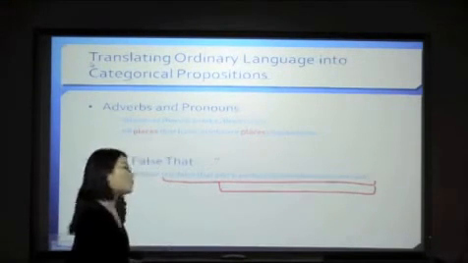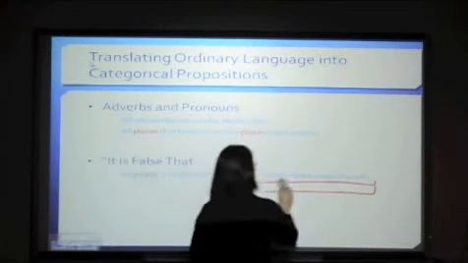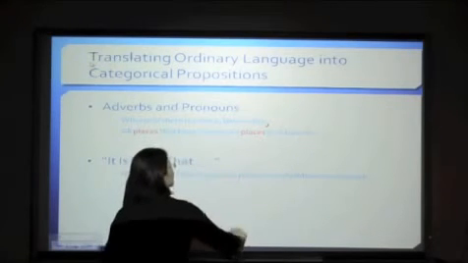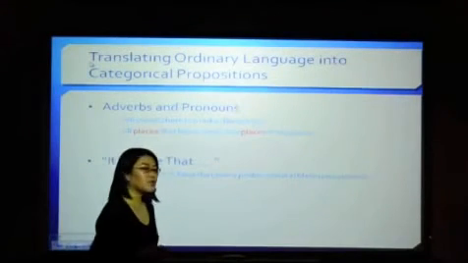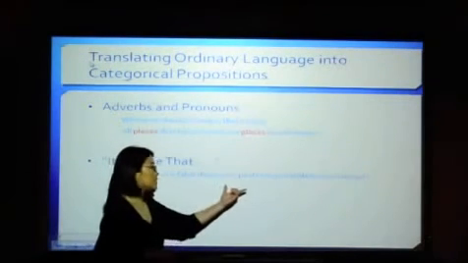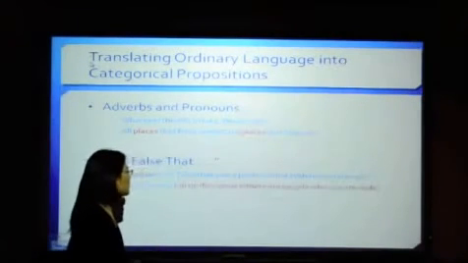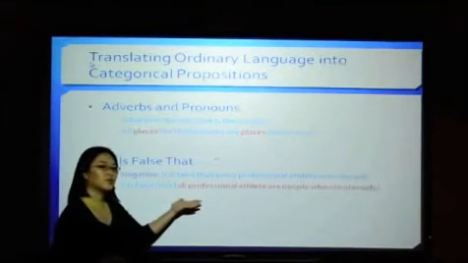Now, in the case where the phrase it is false that is being used, okay, what you need to understand is first what it is that is false according to that statement. So what you want to do is identify the statement that's inside the statement itself, okay? So here we have, it is false that all professional athletes are people who use steroids.